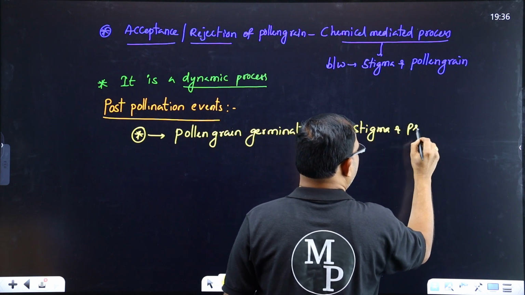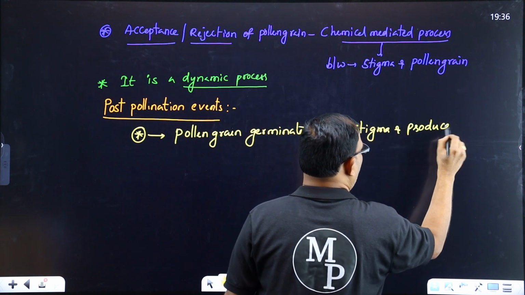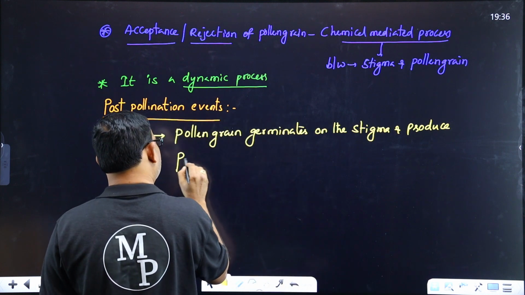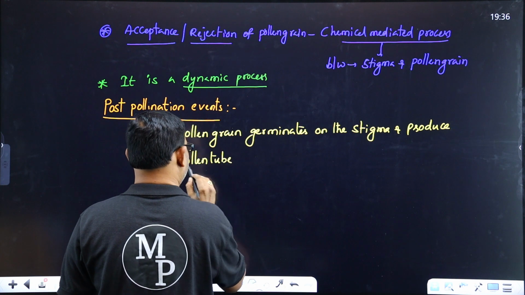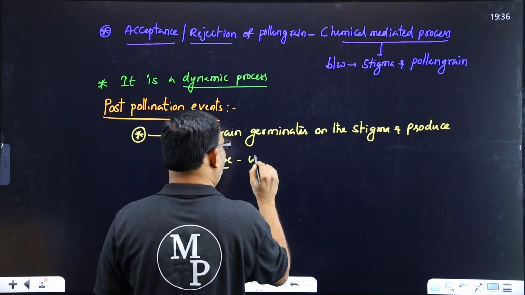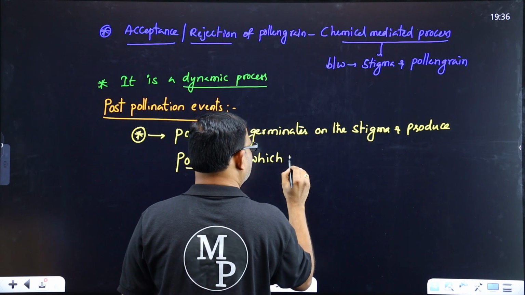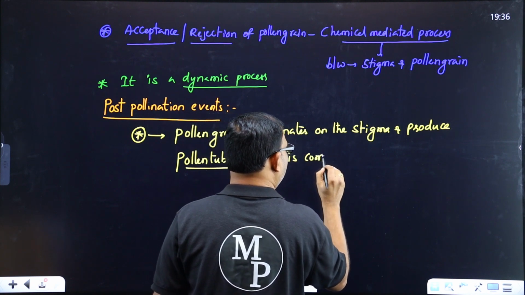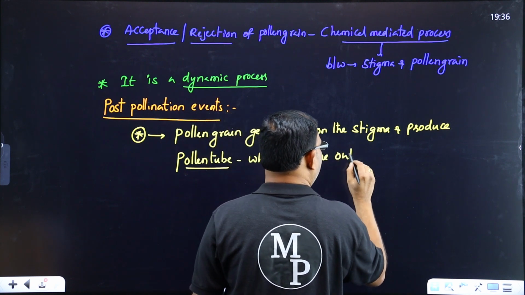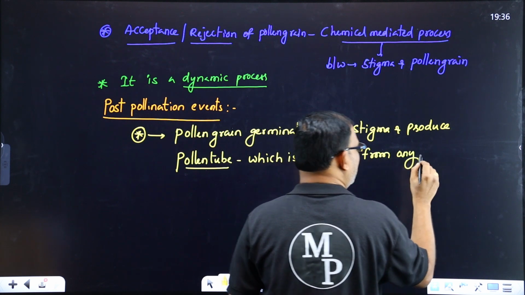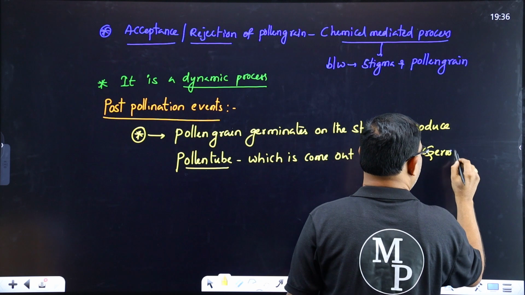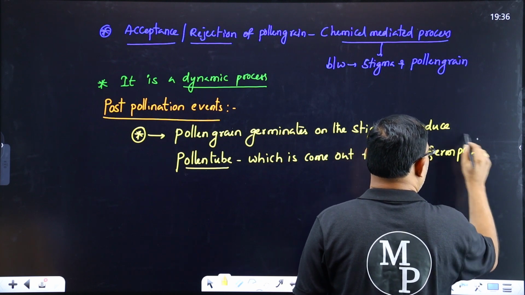And it produces the pollen tube, which comes out from any one of the germpores. I already told you. Germpores are what?